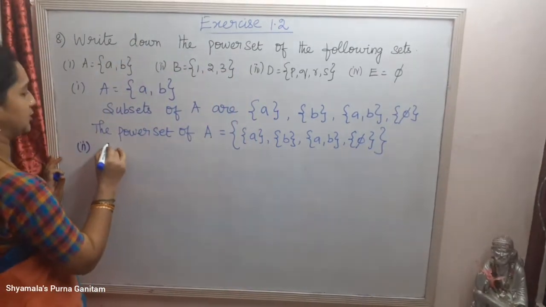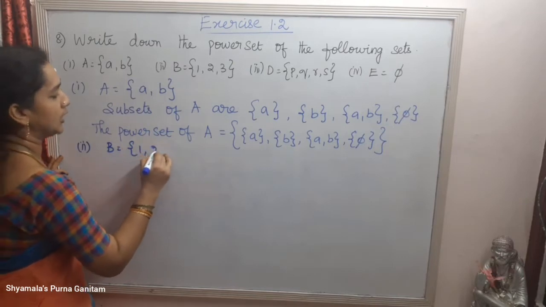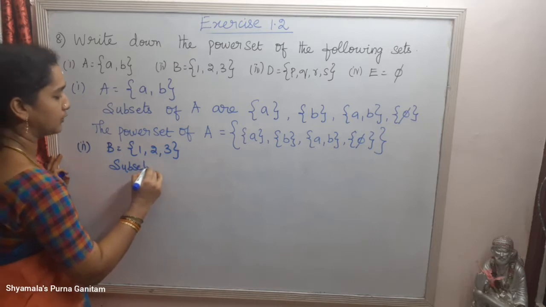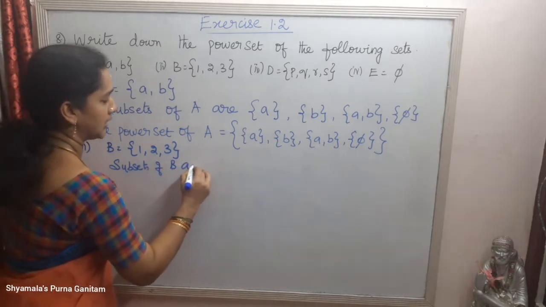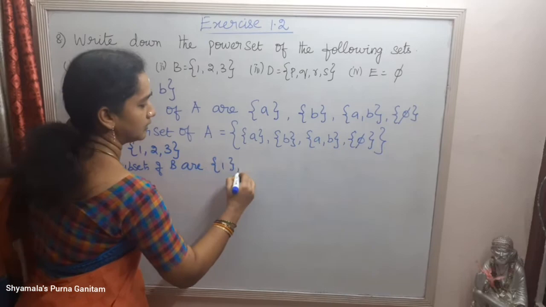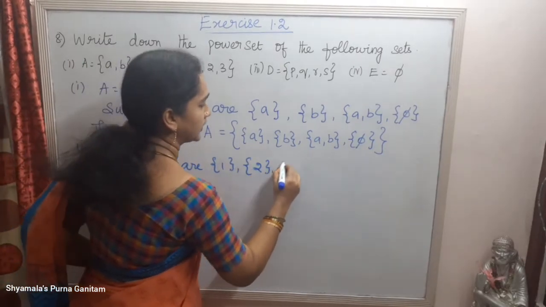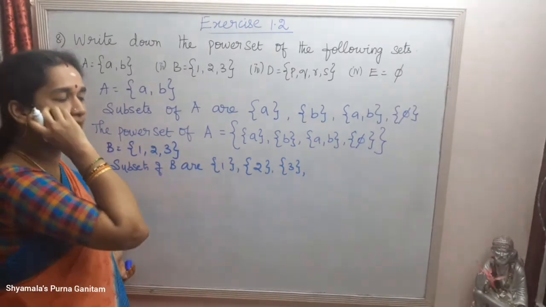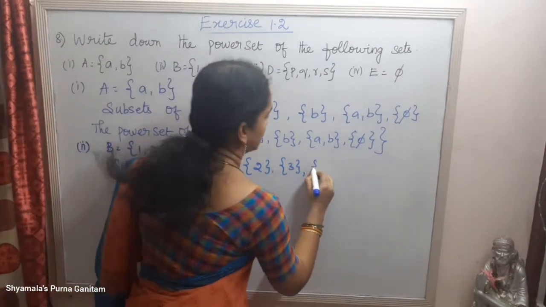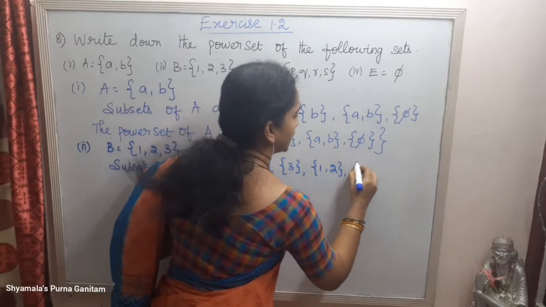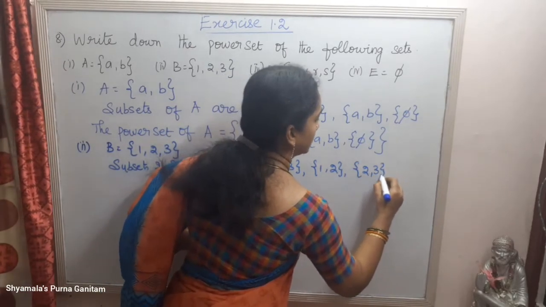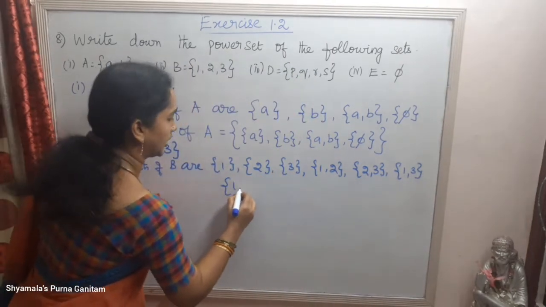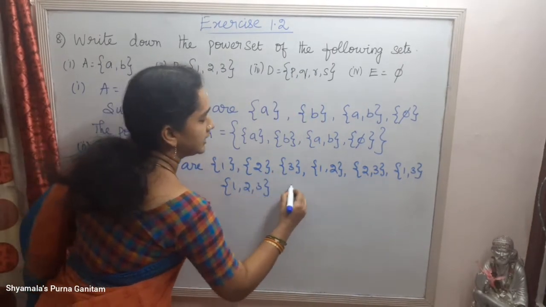Then B is equal to {1, 2, 3}. So subsets of B are: 1, 2, 3, the one-element subsets we have to write. Then we will combine two elements: {1, 2}, {2, 3}, {1, 3}. Then we have to write all three elements together: {1, 2, 3}. Then the null set.